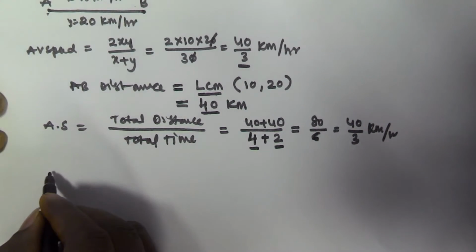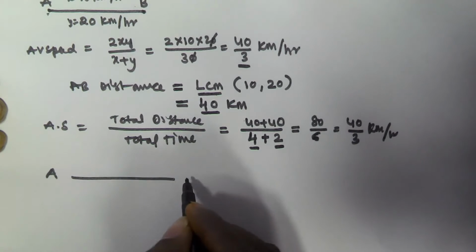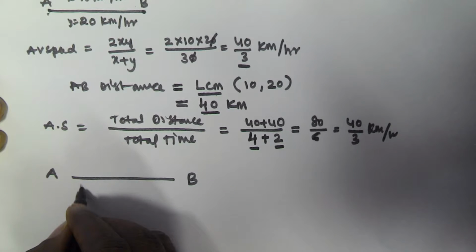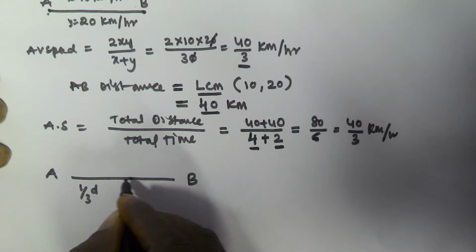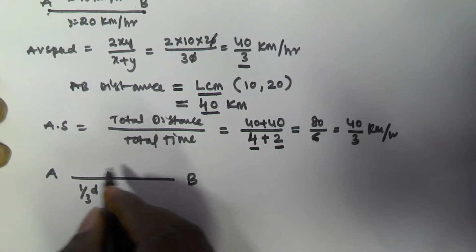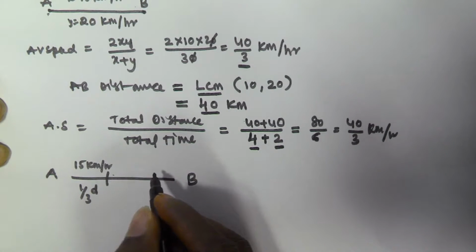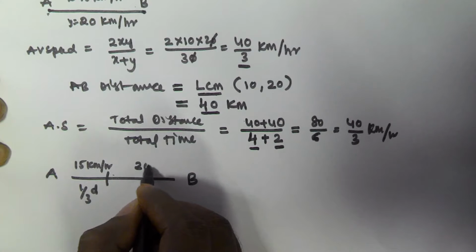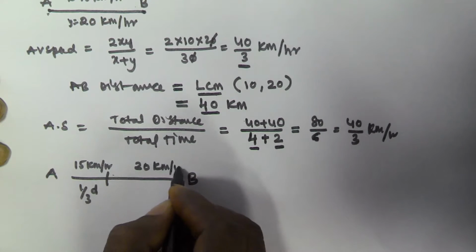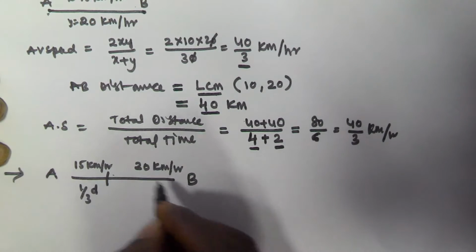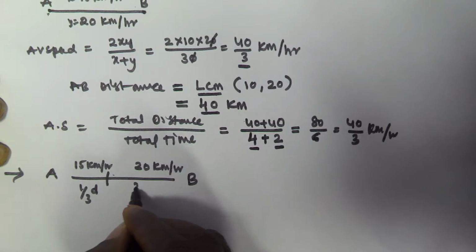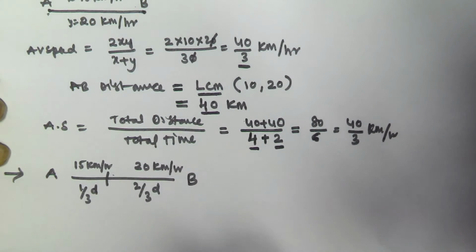A person traveled from A to B. For 1 by 3 of the distance he traveled with a speed of 50 kilometers per hour, and the remaining distance he traveled with 20 kilometers per hour. So the remaining distance is how much? 2 by 3 of the distance.